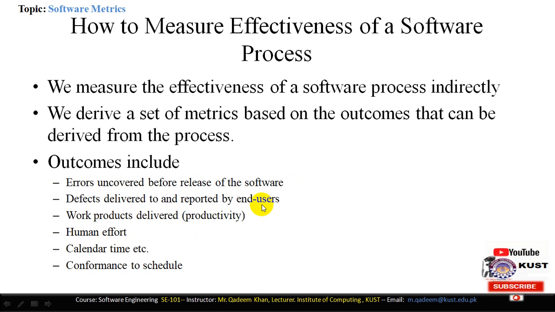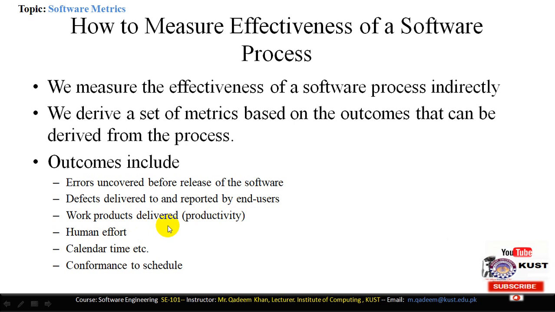When the software is launched into the market and provided to the customer for usage, defects may occur. If they are reported by the end users, then we say these are defects and they are very serious. So all the problems should be solved within the software development environment and within the organization, and should not be delivered to the end users until they are clean of all defects.